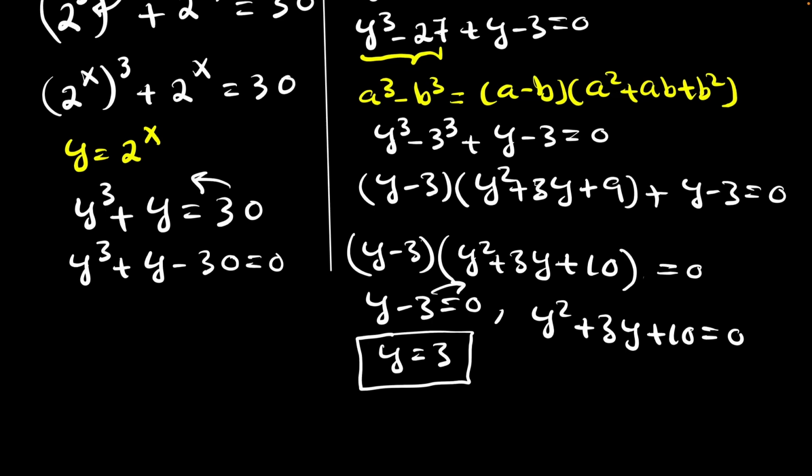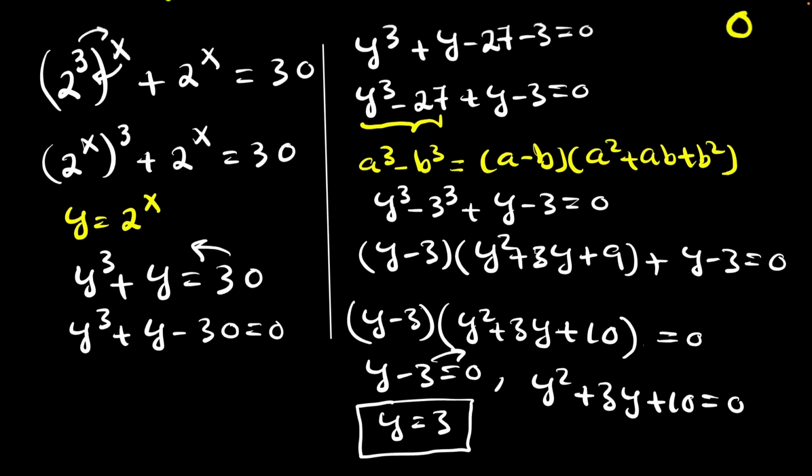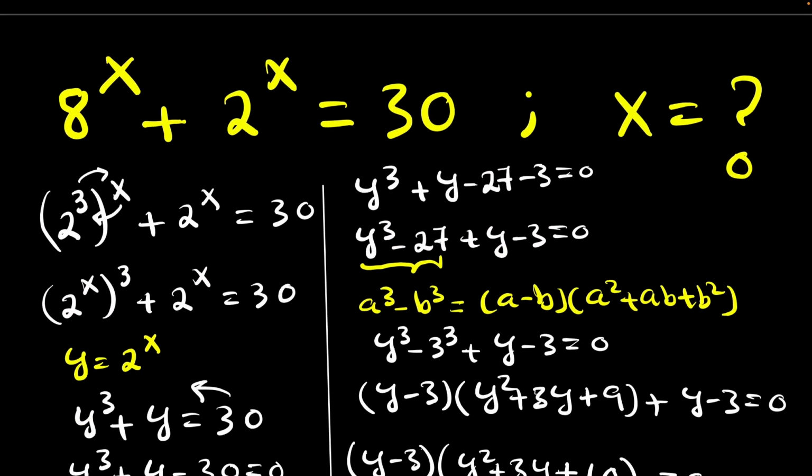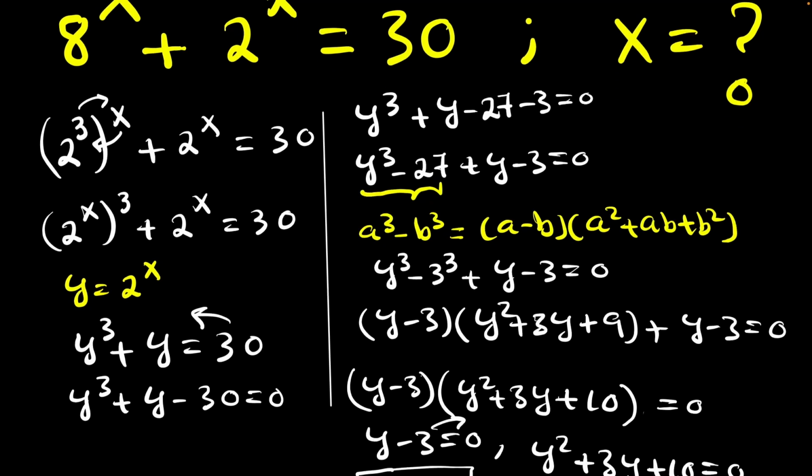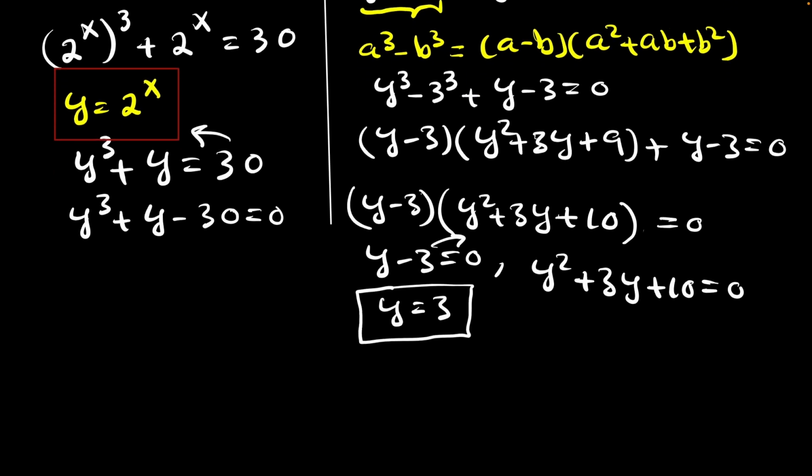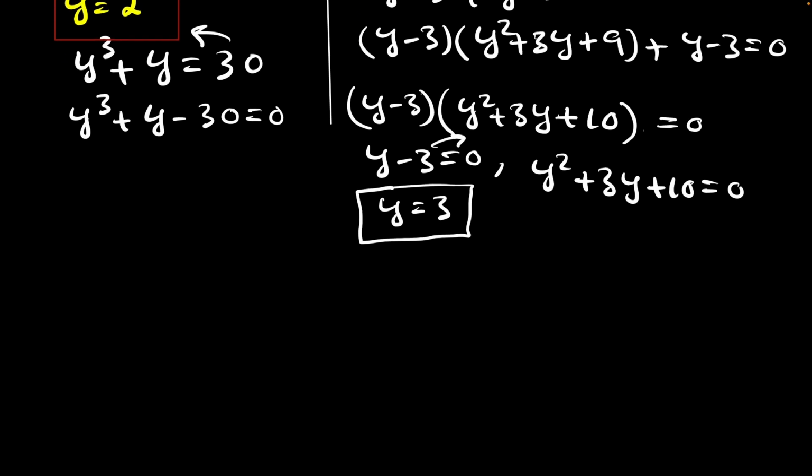And in the original question, we have 2 to the x, and here we replaced 2 to the x with y. So it means we have to find the value of x, not the value of y. Let's go and replace it right now. So here I'm going to replace y with 2 to the x: instead of y, I'm going to write 2 to the x is equal to 3.